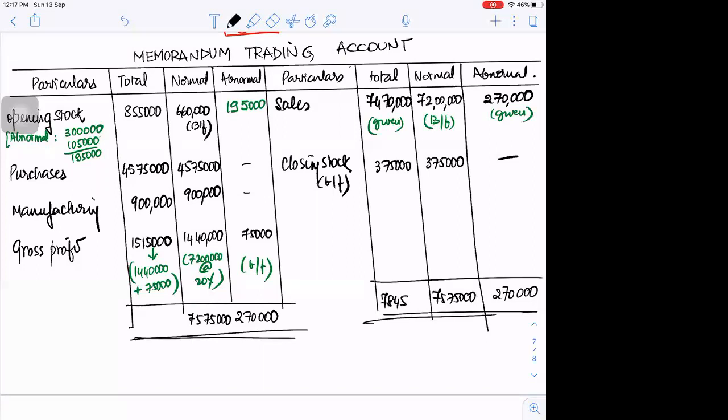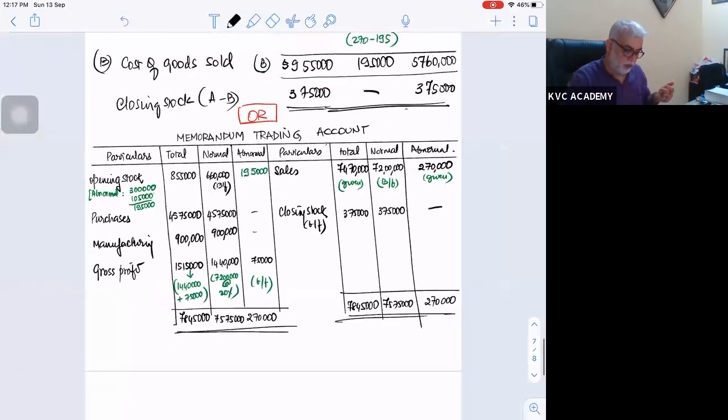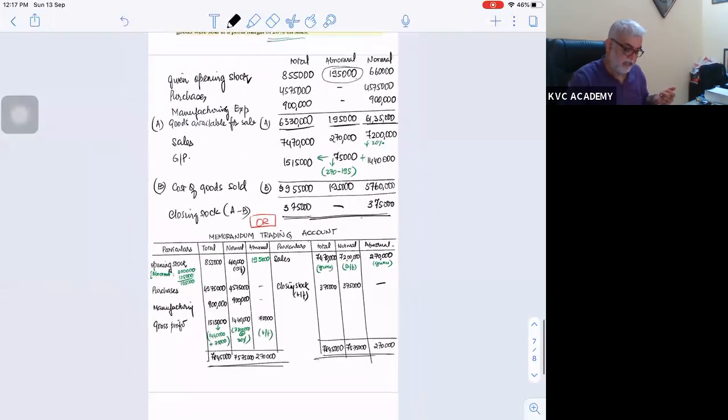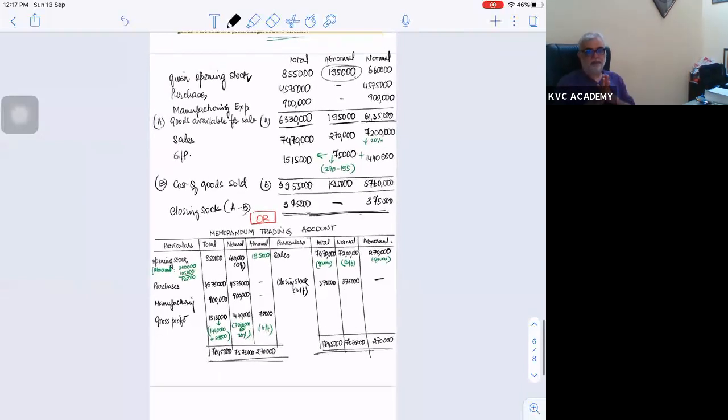And the first one is 78 lakh 45,000. So I have given you two ways of doing this, either this way or this way. Whichever way you like, you choose. A similar question is there in your study material. From there I picked it up. I am not supposed to give any question from the study material to you, so I'm changing the values. The concept is the same.